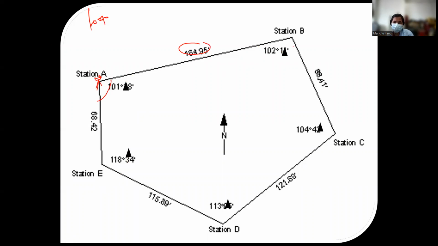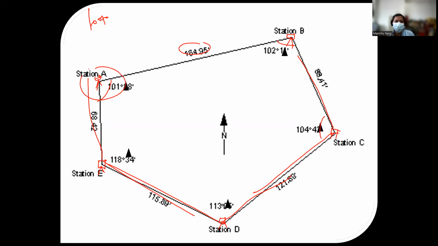So in this illustration, he measured the interior angle, then set up another station here at station B, set up another station, then observe this line, then observe this line, set up another station here, observe this line again, then observe this line, set up another station here, then do the back side, and then observe that line. So where it started, that is the location also where you ended.